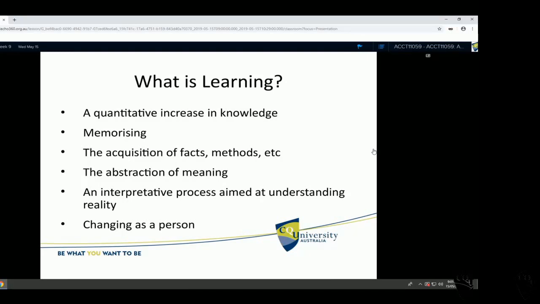But we can take it a lot further than that. It's an interpretive process aimed at understanding reality, where we're understanding it for ourselves, and it's changing the way we view some aspects of the world. Those Harvard students that we saw, they could have changed the way they viewed the sun coming in. Like we have in our bedrooms, we have the sun coming in from the north during winter, because the angle of the sun's changing.